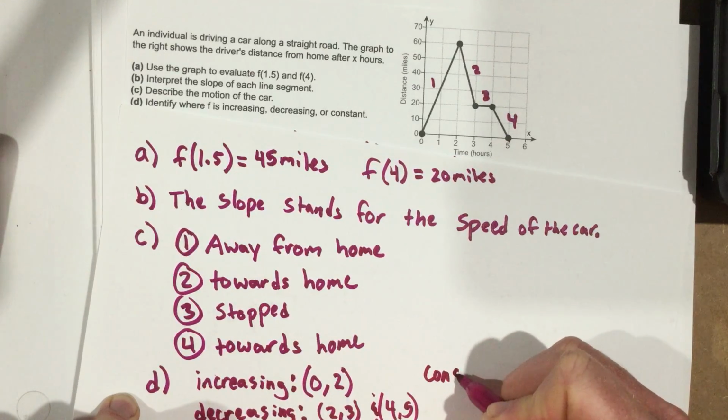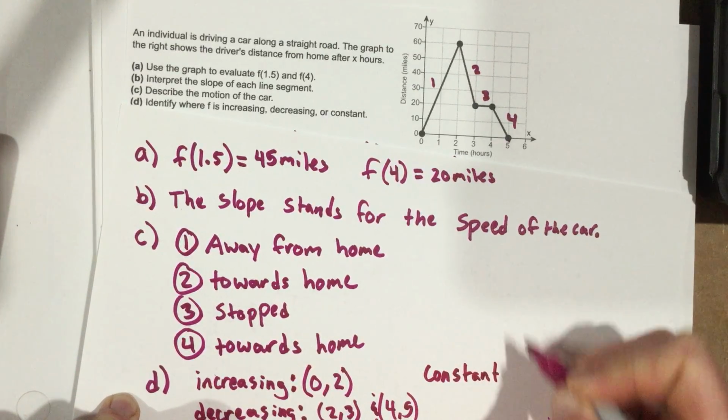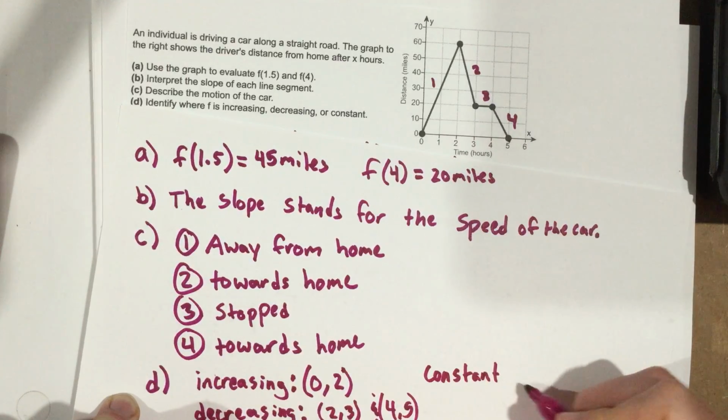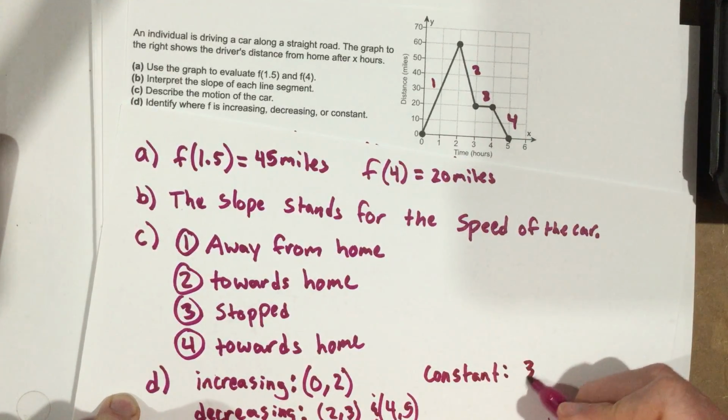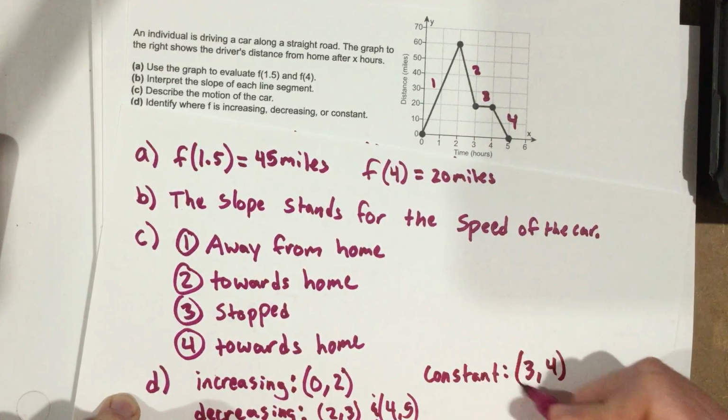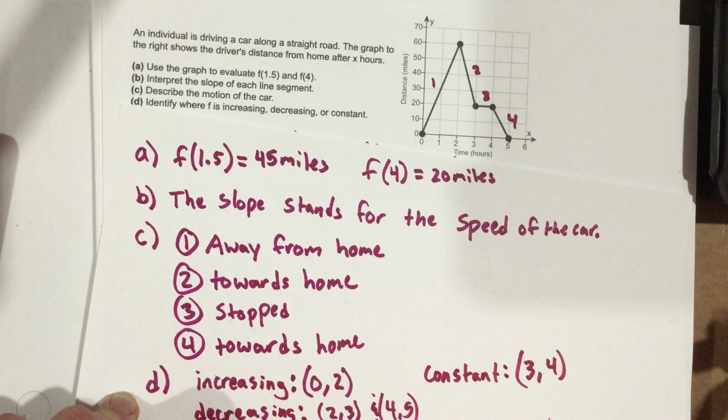I'm constant from 3 to 4. Hope that makes sense how we interpret that and how this graph is being interpreted.